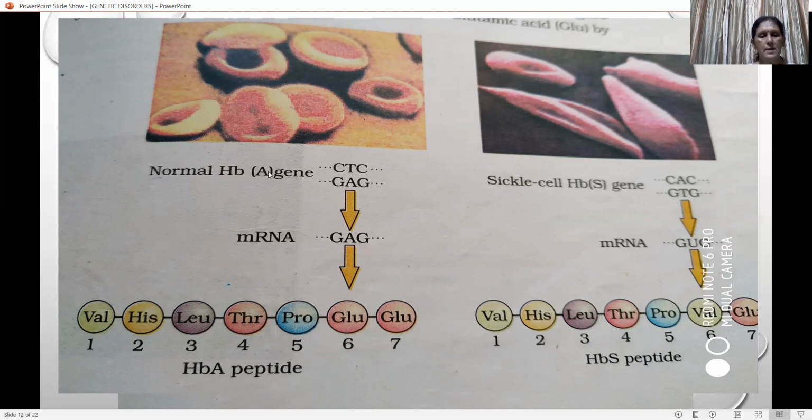So in case of biconvex RBC, this is the structure of the beta protein, hemoglobin beta protein sequence. But in case of sickle cell, at the 6th position, it changes from glutamic acid to valine. Why? Because of the change of genetic code from GAG to GUG.